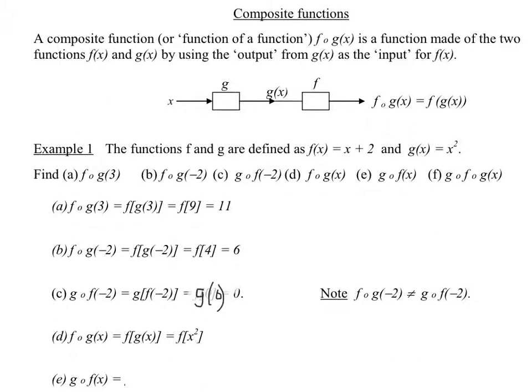We just add 2 to the x squared, so we have x squared plus 2. Now it's worth noting that when you do f of g, it's not the same as doing g of f. You have completely different functions depending on whether you have f of g or g of f.